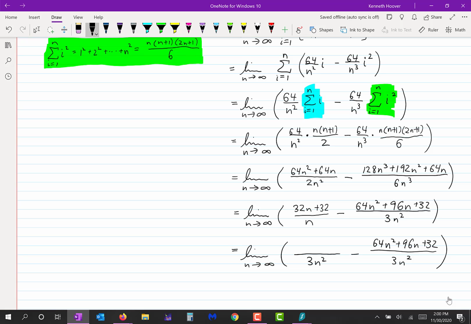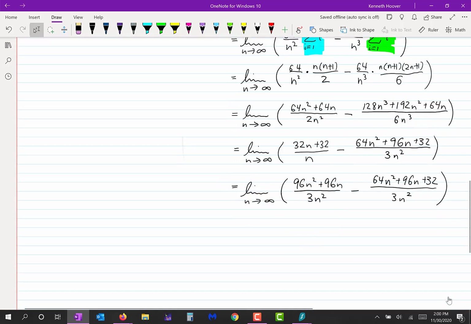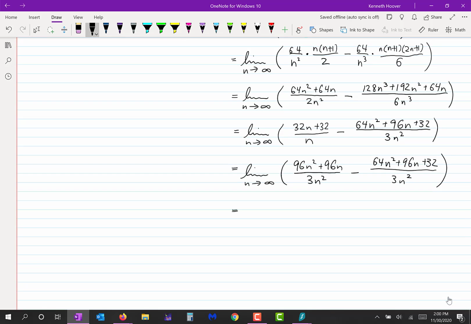So the top will become 96n squared plus 96n. Now I can do the subtraction. Subtract the second fraction from the first, and you're going to get 32n squared plus 32 over 3n squared.